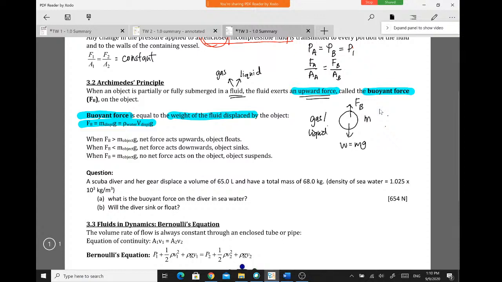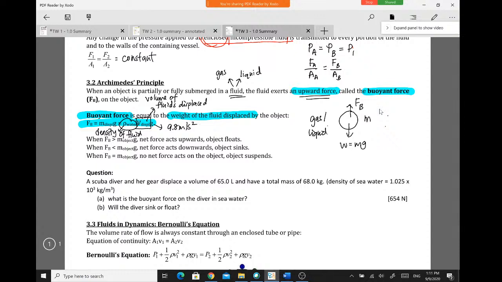So this rho is the density of the fluid, and V here is the volume of fluid displaced, and g is the gravity acceleration.